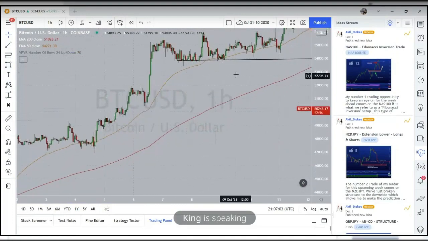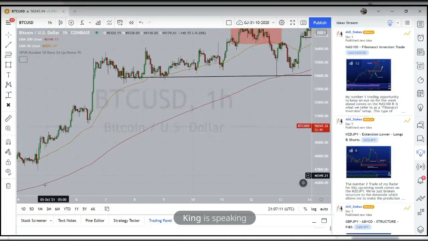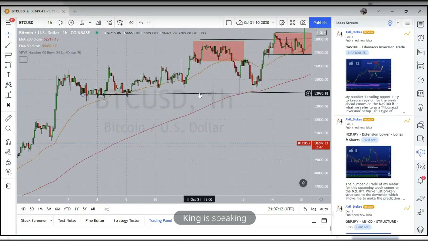No, sorry, fully engulfed by the candle after it. So it usually happens on moves higher, or like at the highs and lows of ranges.